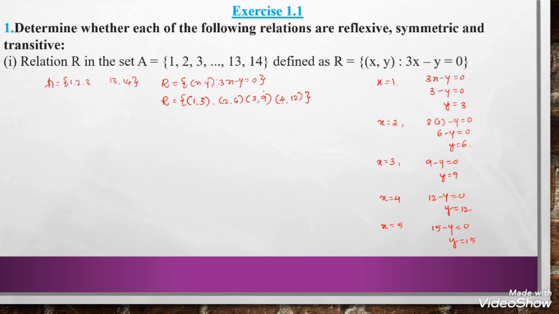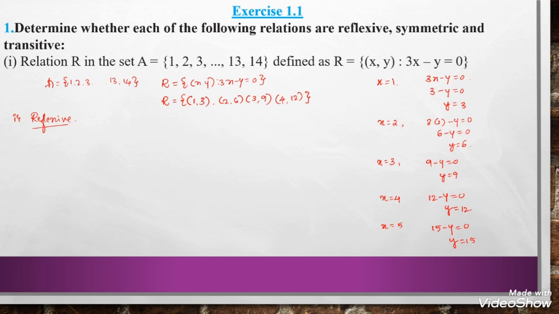Now we have to check the three conditions, reflexive, symmetric and transitive, for the ordered pairs of the relation. First one is reflexive. According to the definition of reflexive, an element has to be related to itself.